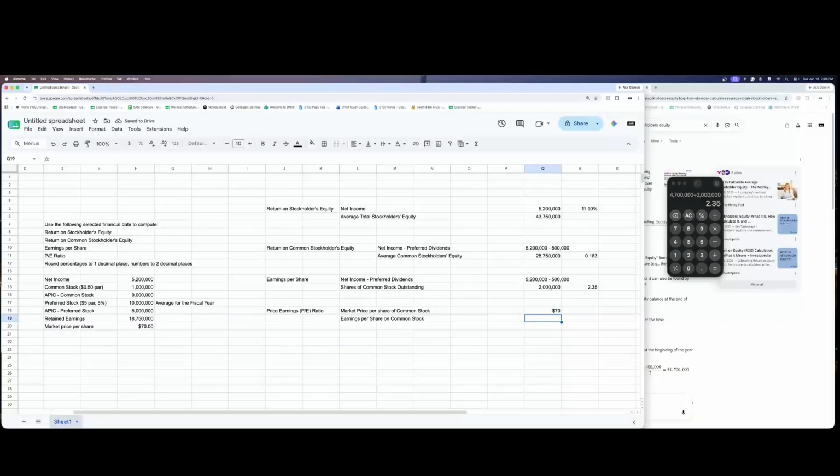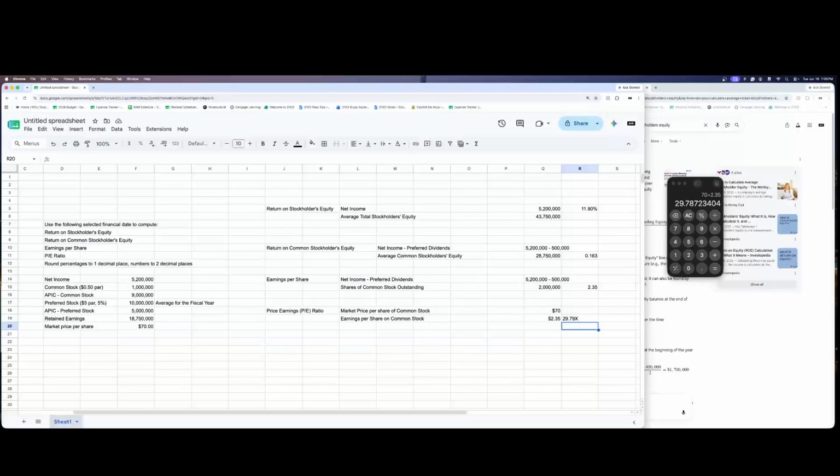And the earnings per share on common stock is $2.35. So the price earnings ratio is 29.79x. You guys see?